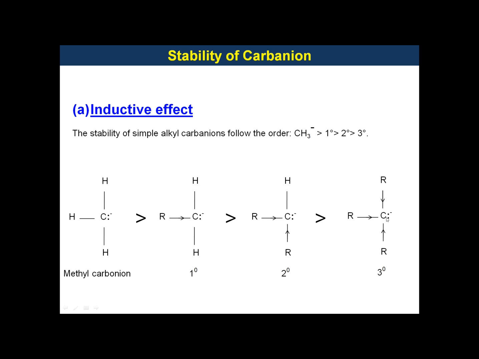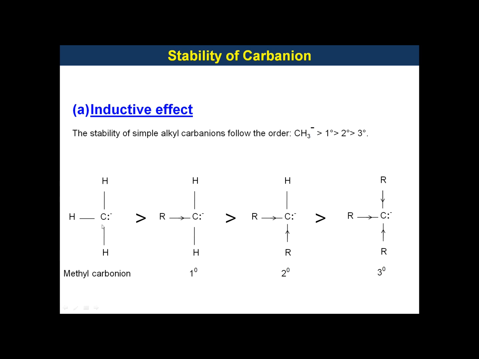In tertiary butyl carbanion, there are 3 alkyl groups. Each releases electrons toward the negative charge on the carbanion. This accumulates more negative charge on carbon atom. This destabilizes the system. Hence, tertiary butyl carbanion is least stable.